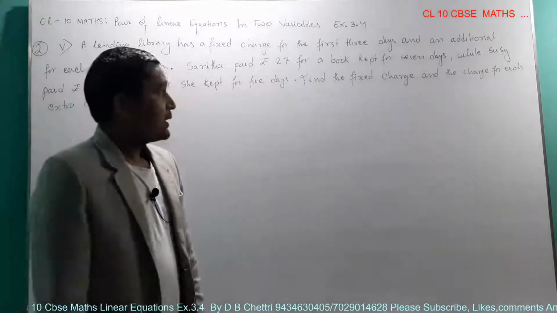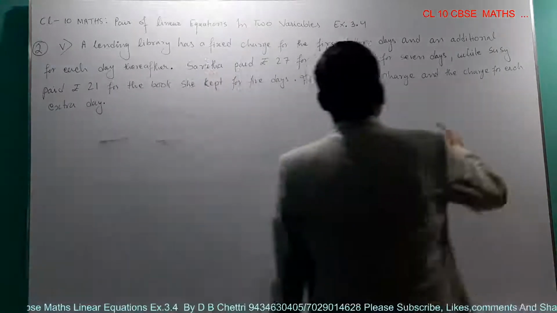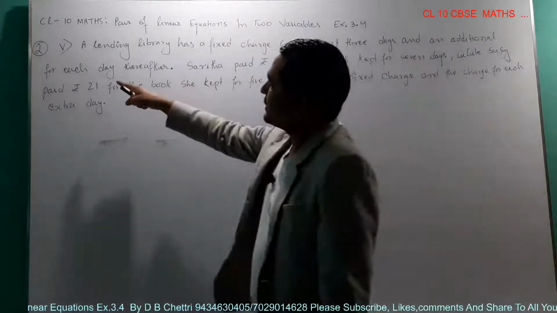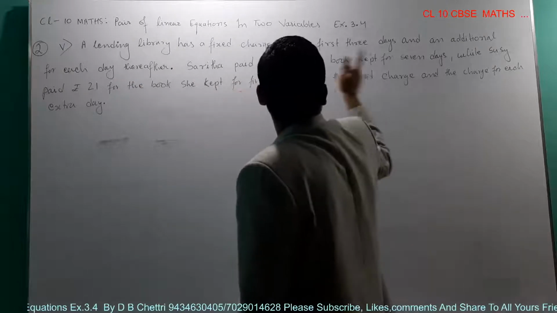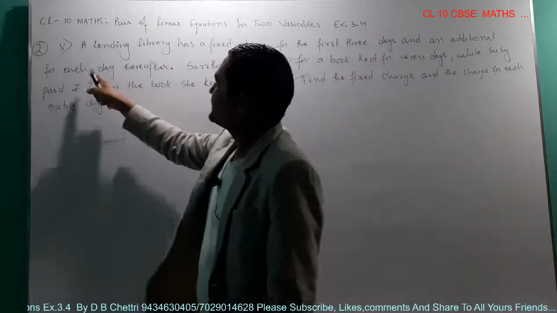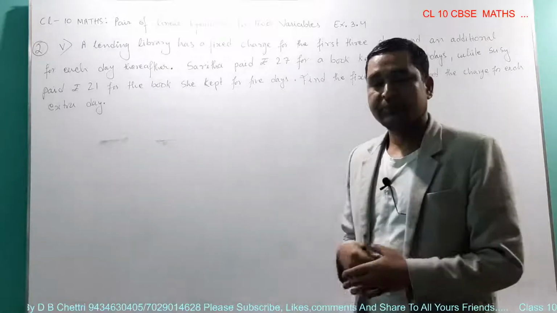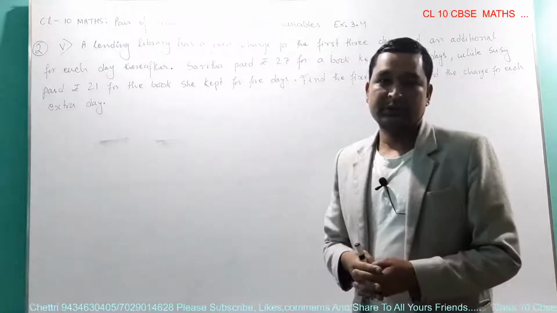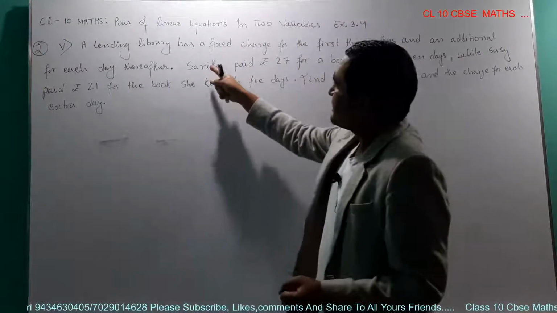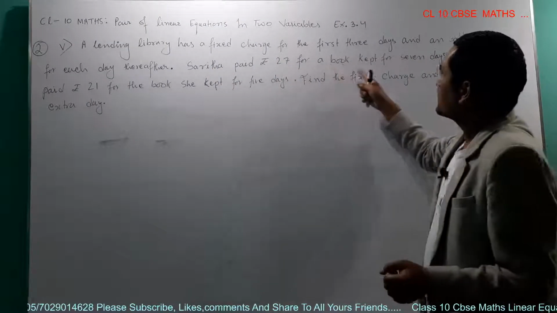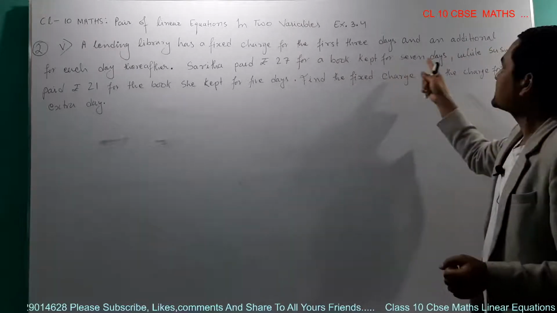Then an additional charge for each day thereafter. There is an additional charge each day after 3 days. Sarita paid rupees 27 for a book kept for 7 days.